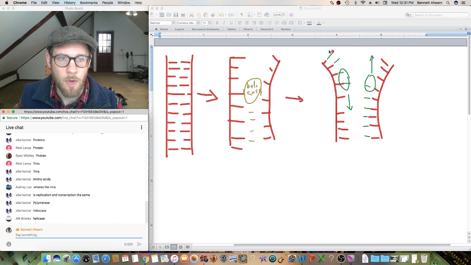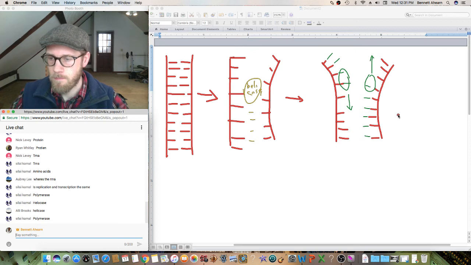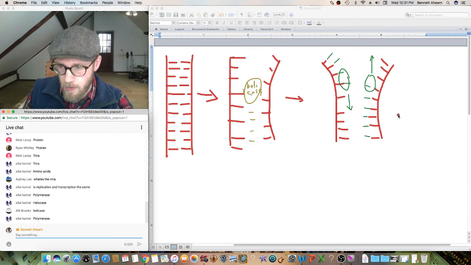Who are the builders who are coming along and building the new strands? What's their name? That's the polymerase, yes. Okay, so polymerase builds, helicase unzips.